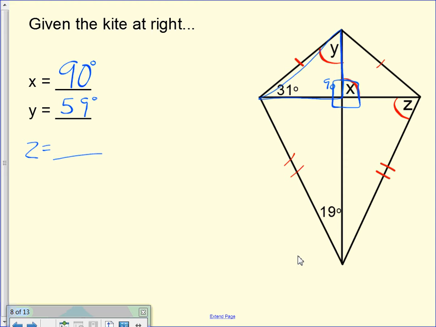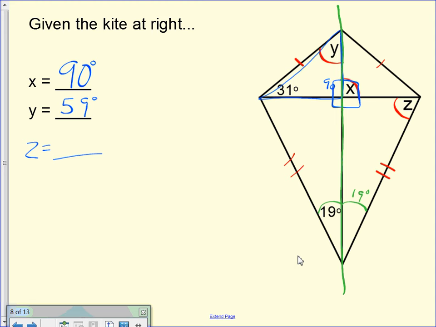Awesome. Keep it moving. Now let's get Z. I remember my one property says that this diagonal basically bisects the whole thing. It's my line of reflective symmetry, so I know everything on the left is the same as everything on the right. So, for example, this 19-degree angle is the same as this 19-degree angle here. Cool.